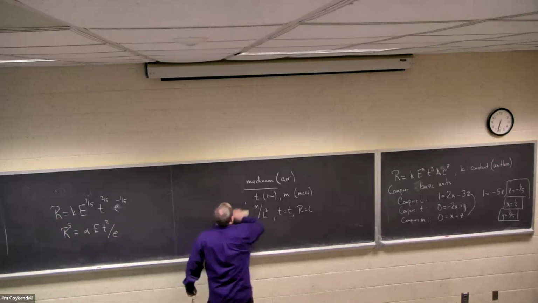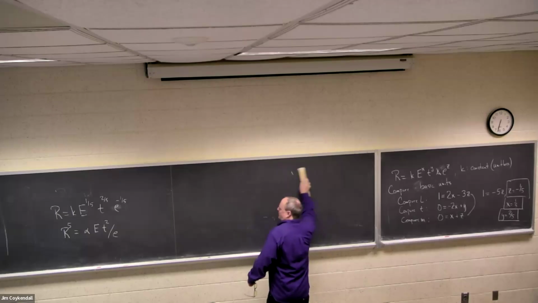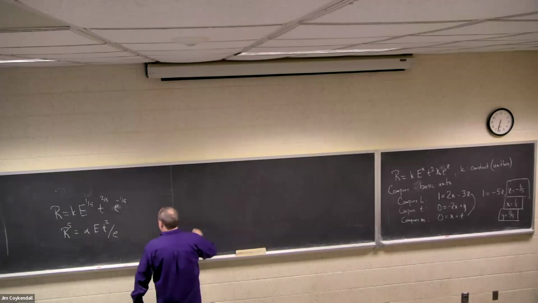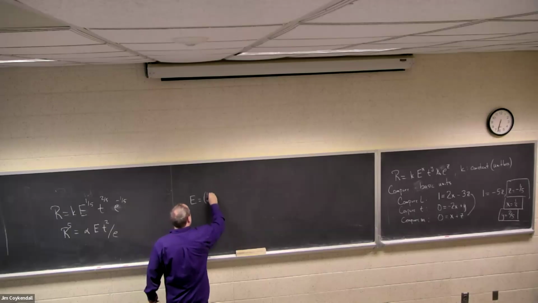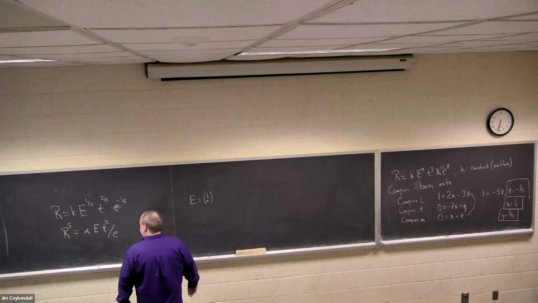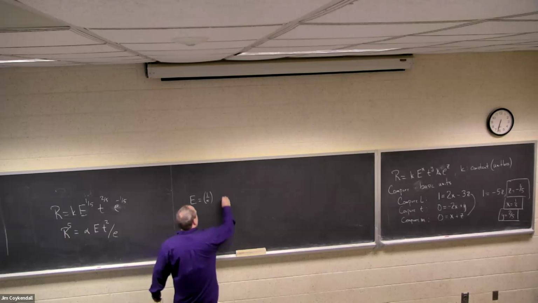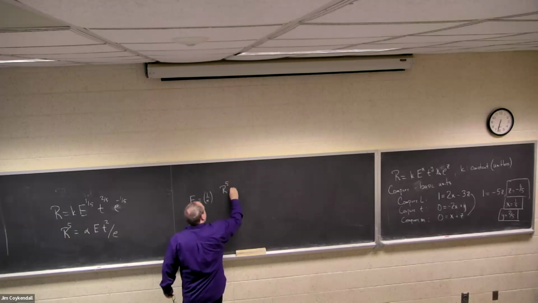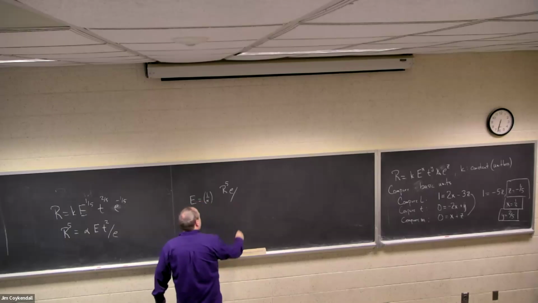And so this gives me E is 1 over alpha, R to the 5 rho over T squared.